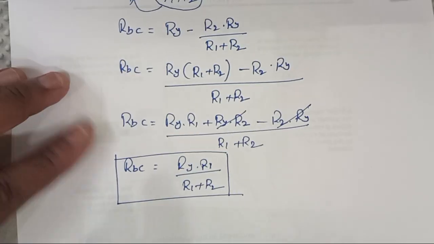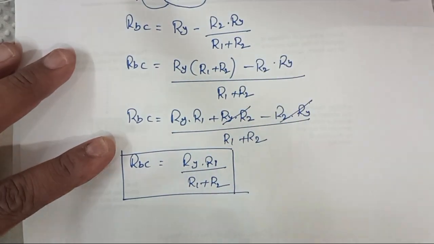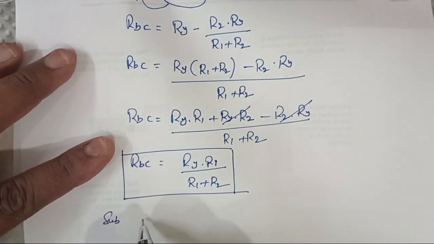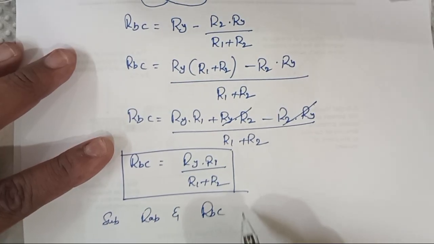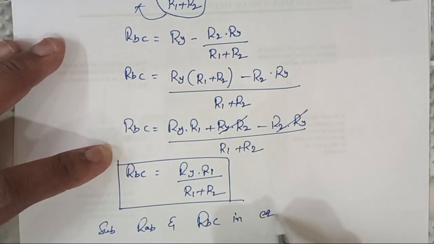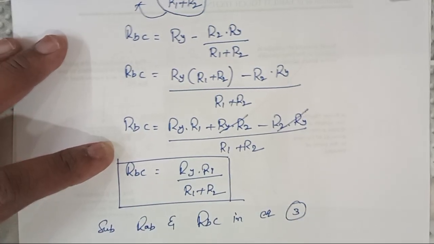Now I have to substitute this RAB and RBC in equation 3.